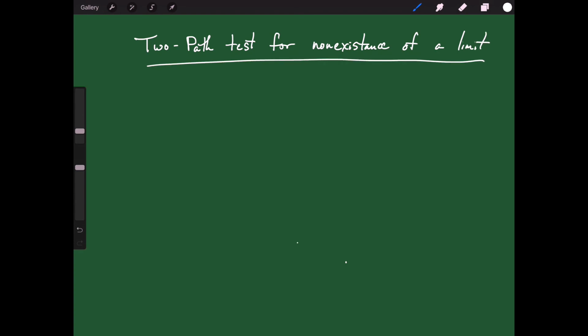Okay, so let's talk about what's called a two-path test for non-existence of a limit.